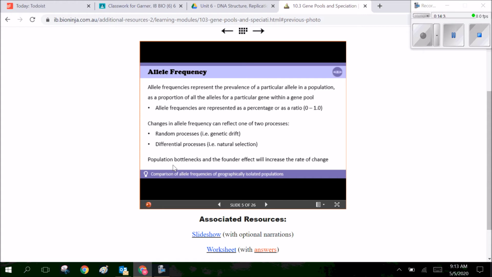So population bottlenecks, which we'll discuss in a moment, and the founder effect will increase the rate of change. So these two work together: random processes are always happening because life happens, and natural selection is always happening. Sometimes they're at odds, sometimes they work together, and this makes populations' gene pools very variable in terms of their allele frequencies.